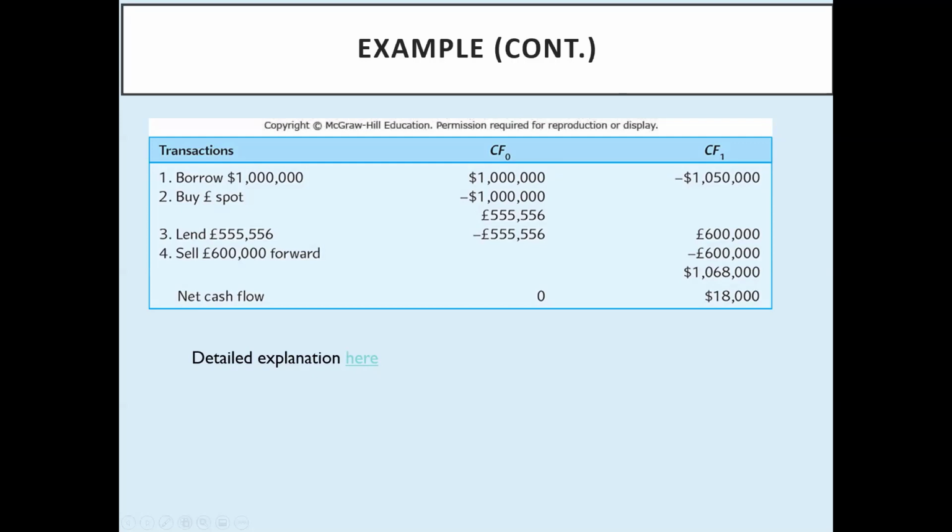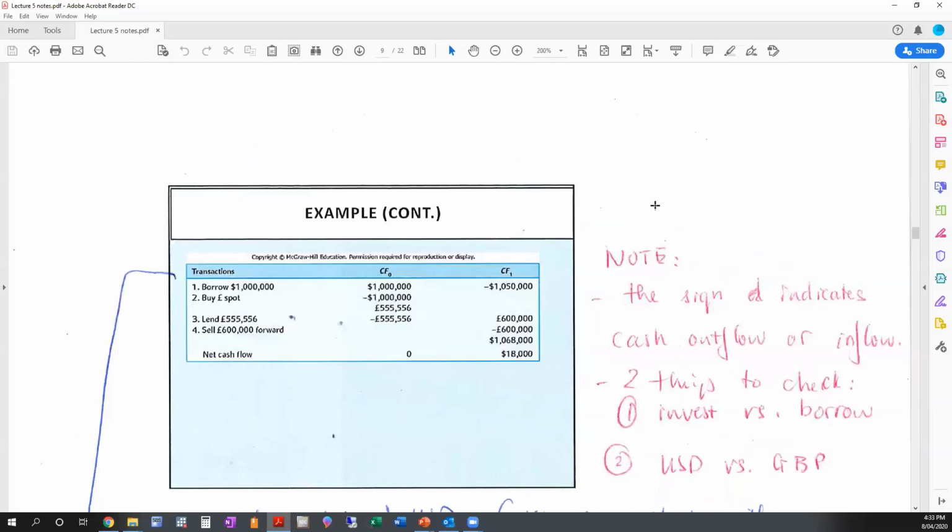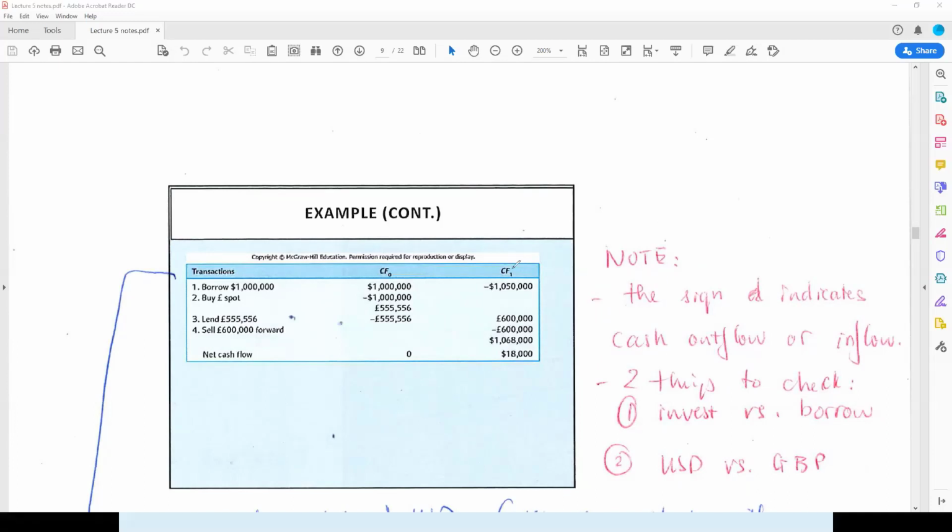Okay, so let's work through this problem together. As we said before on the previous slide, we are going to be borrowing in the US and lending in the UK, okay?